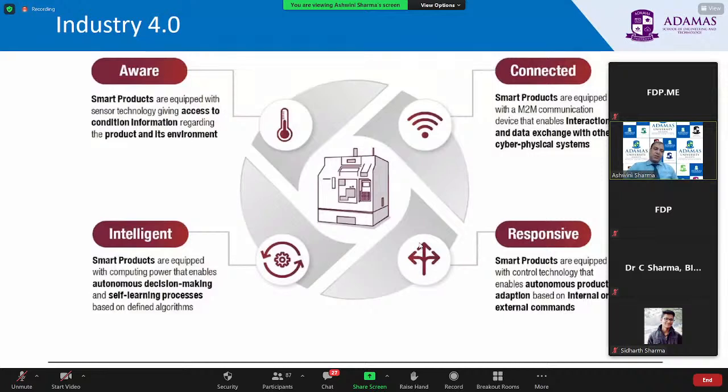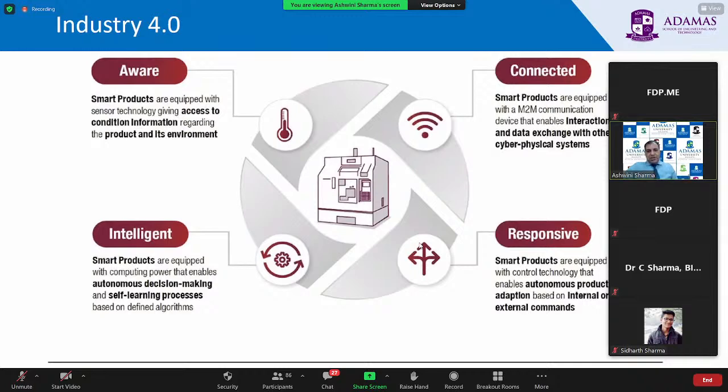So how does this machine know? The washing machine knows the time duration for which it has to roll the garments inside the machine, then that this much water is needed, and then this much is the drying time. All these things are considered in advance to design the product. So this is how Industry 4.0 works.